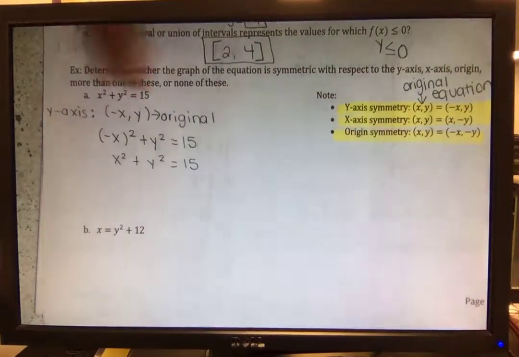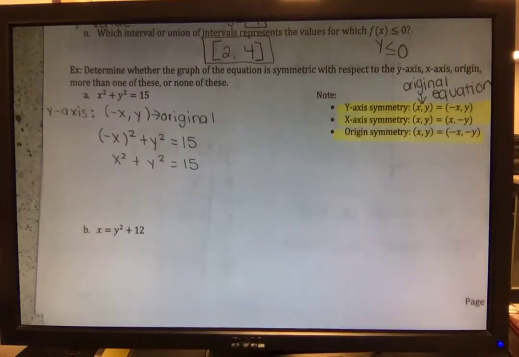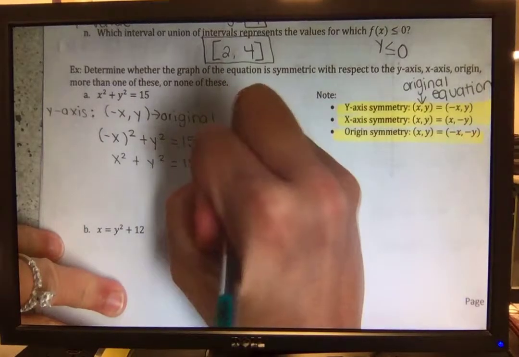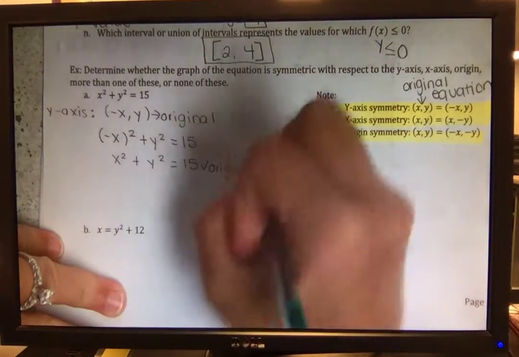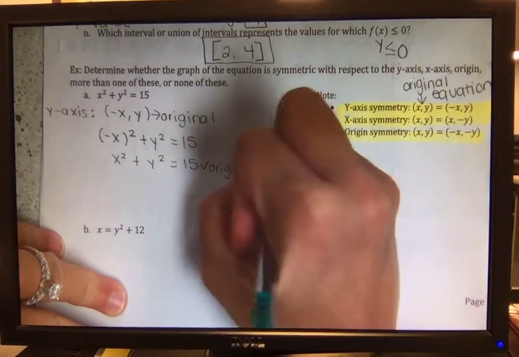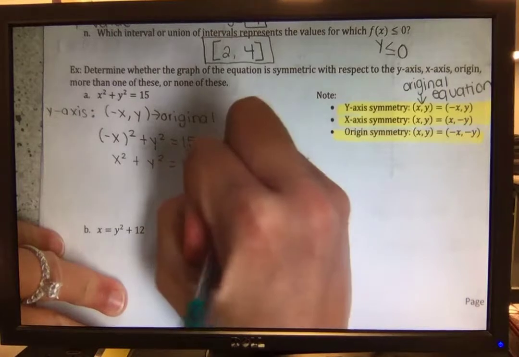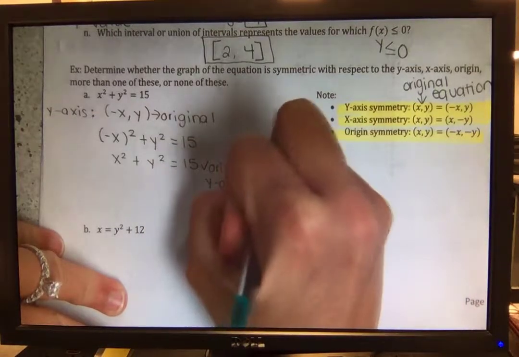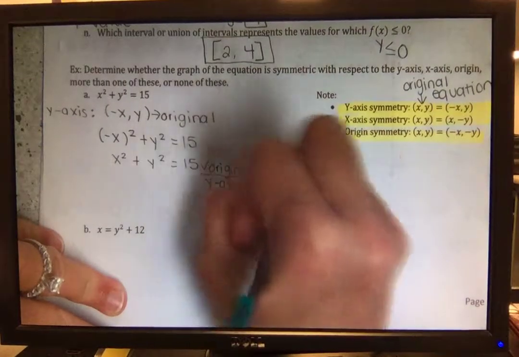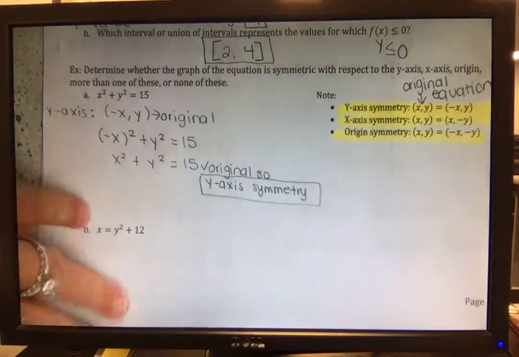So we're left with x squared plus y squared equals 15. That is the original. So the graph does have y-axis symmetry.